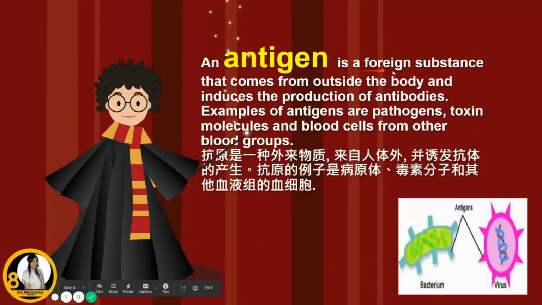An antigen is a foreign substance that comes from outside the body and induces the production of antibodies. Examples of antigens are pathogens, toxic molecules, and blood cells from other blood groups.